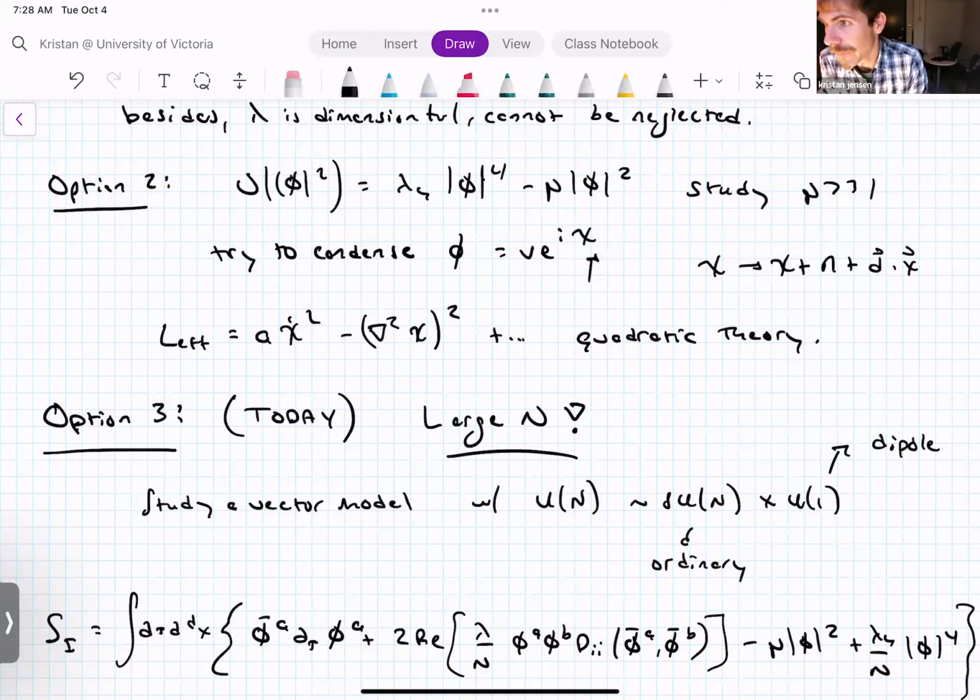And if you Fourier transform, what that means is that in Fourier space, phi under a dipole transformation gets shifted from omega, k to omega, k plus d. And you can see that at the plane wave level.